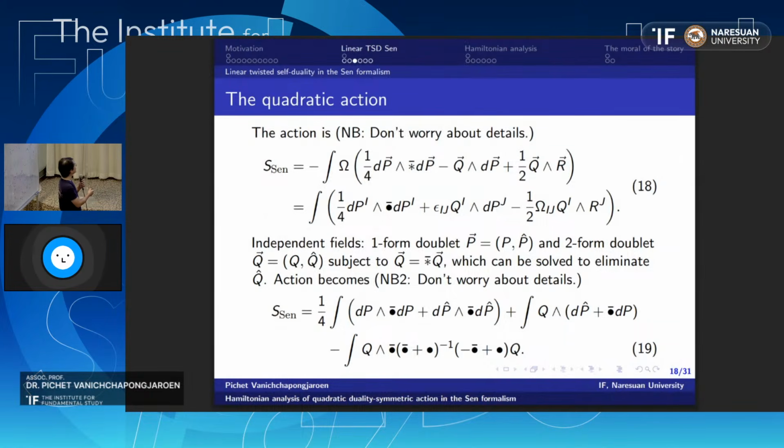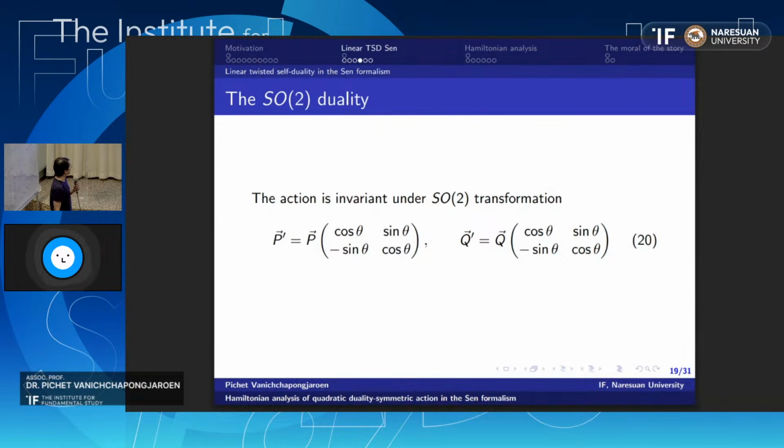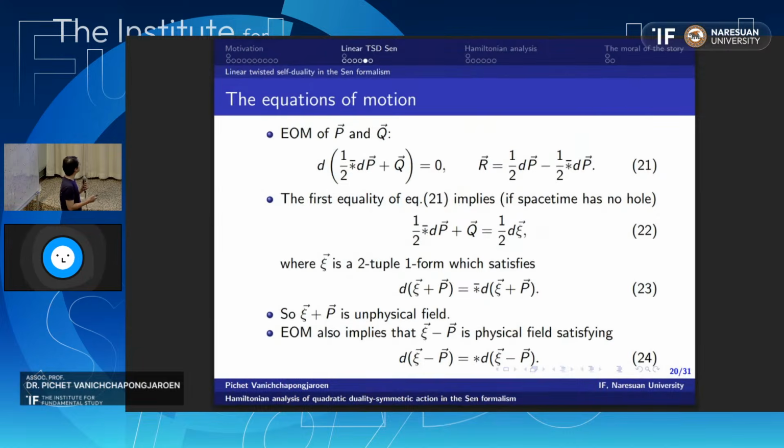But the idea is that we have got the P_i and then Q_i, and then R_j is in terms of Q_i, but the Q is subject to a condition. So we can use this condition to eliminate the Q hat. We may or may not want to do this, but if you want, this is the form of the action. And the action is invariant under the SO(2) transformation.